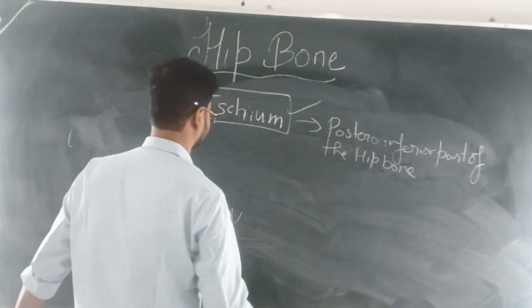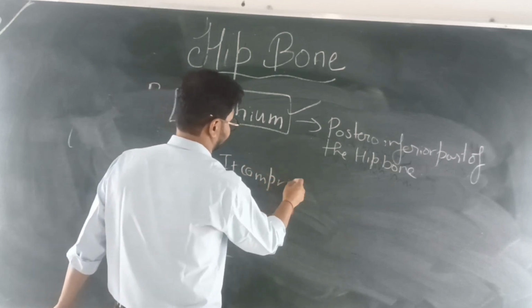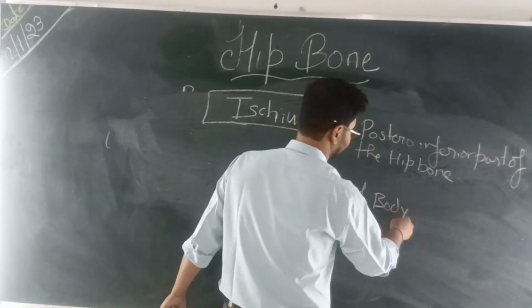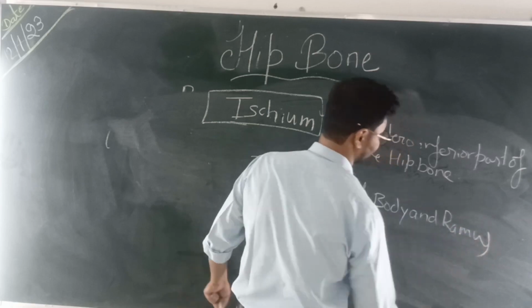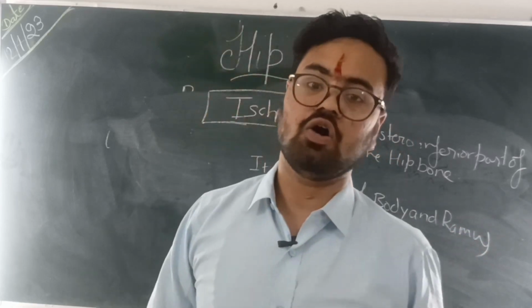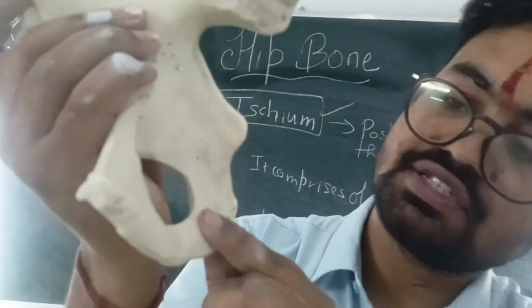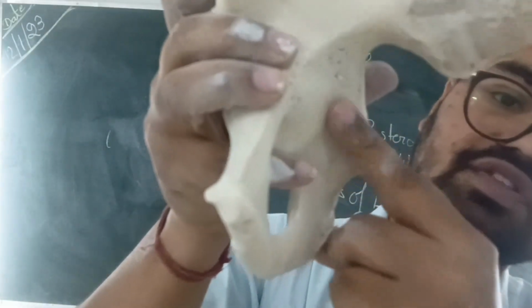See, it comprises of body and ramus. Where is the ramus? Ramus means arm or extension. See, this is the ramus, right? And this one is the body of the ischium.